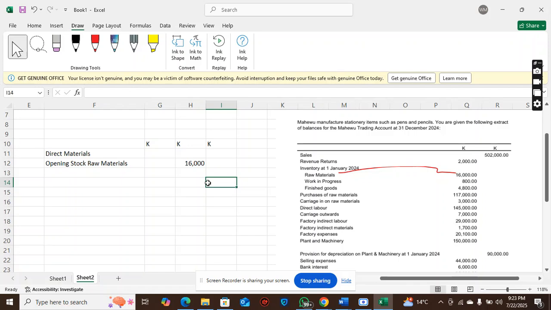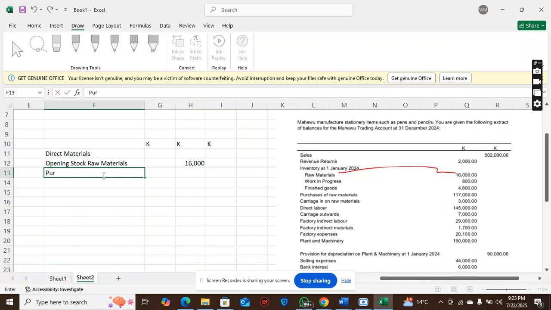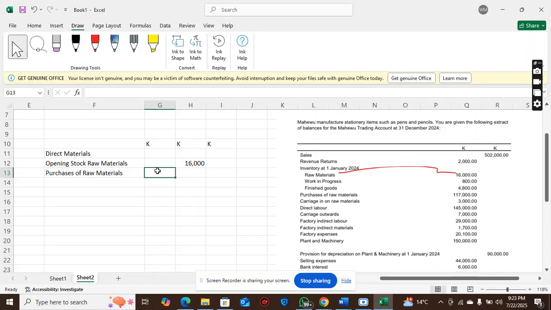What next? What is the next item? Thank you. Purchases of raw materials. Okay, so purchases of raw materials 117,000. What next?